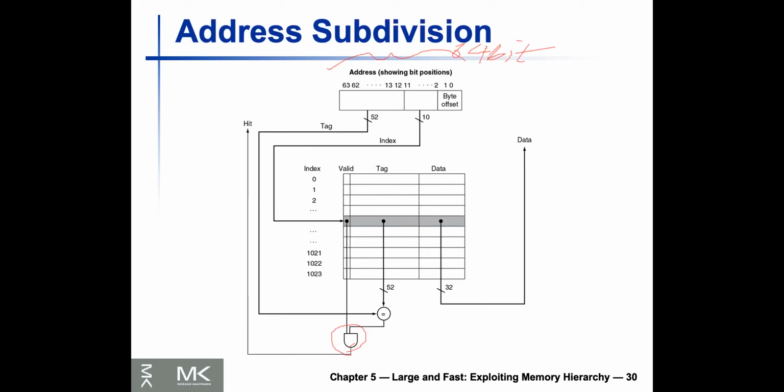All right. So depending on this specific example, we have the indexes from 0 up to 1023, right? Why? Can anyone mention why we have these 1024 indexes?